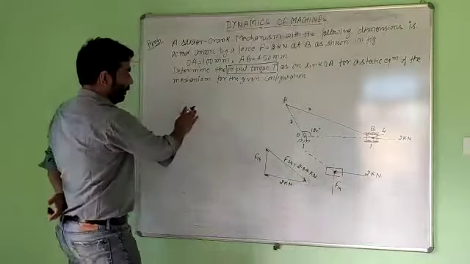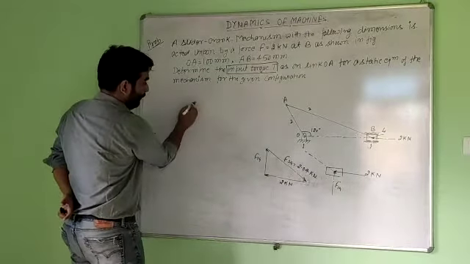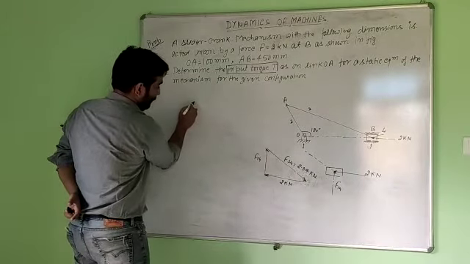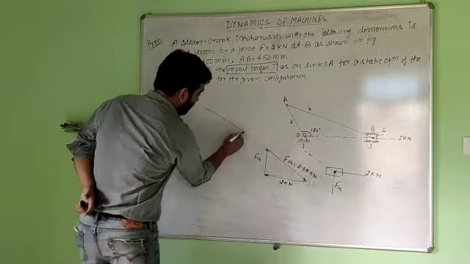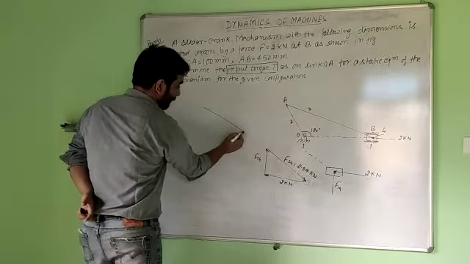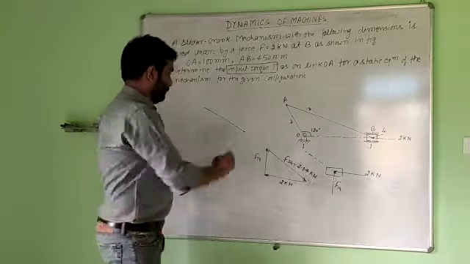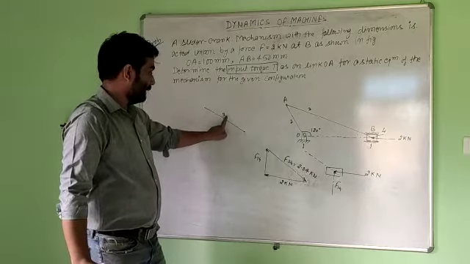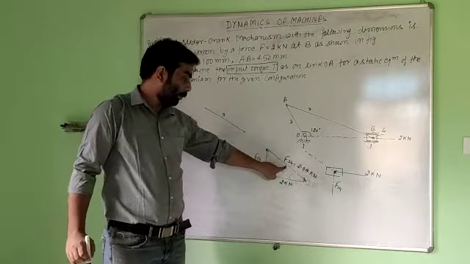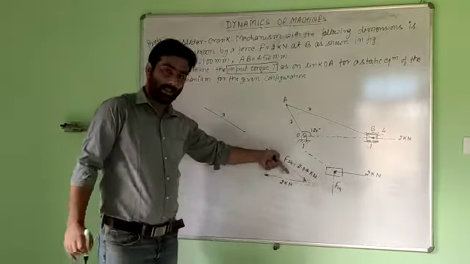Now draw the free body diagram of link 3. Let's say we have link 3. On link 3, we have a force by the link 3 on the link 4, 2 kilonewton in this direction.